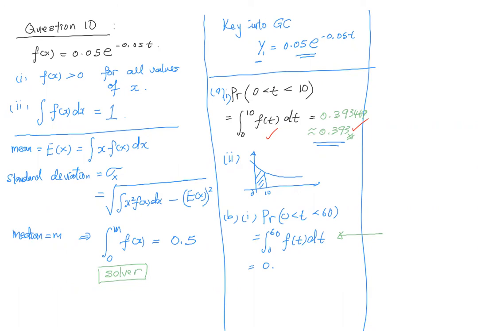If you don't know, you tell me you don't know, I will teach you. So what you need to do, you press second mode, then you go to math. Then you go down, you select FNINT.